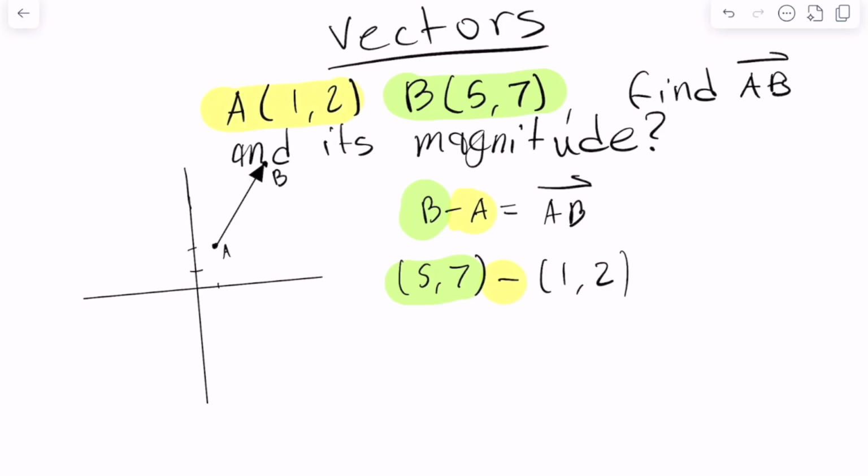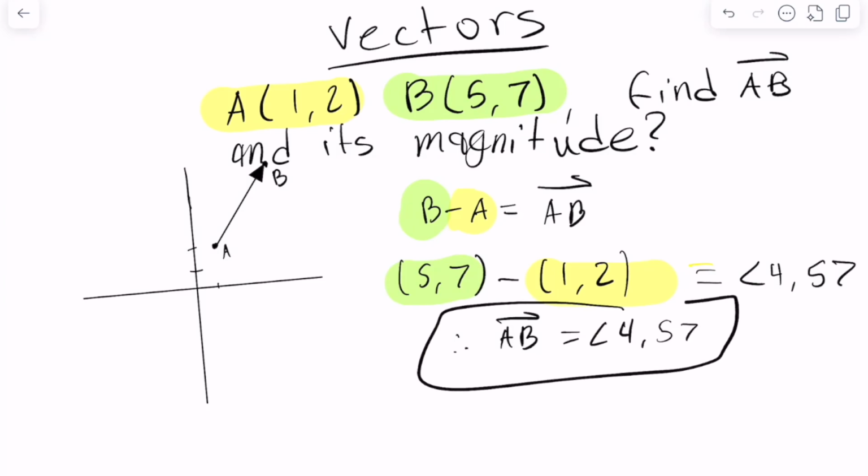So there's the minus sign, minus vector A. Okay? And the resulting vector will be, we first do 5 minus 1, which is 4, and then 7 minus 2, which is 5. So this is vector AB. So I'd write something like, therefore, AB equals 4, 5.